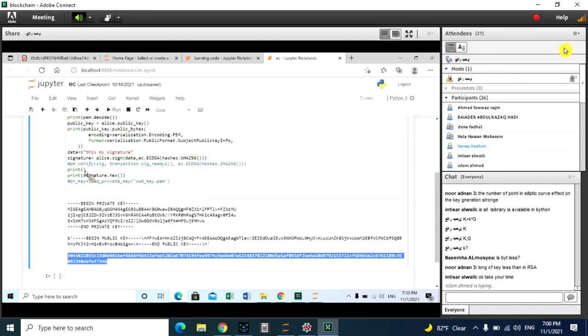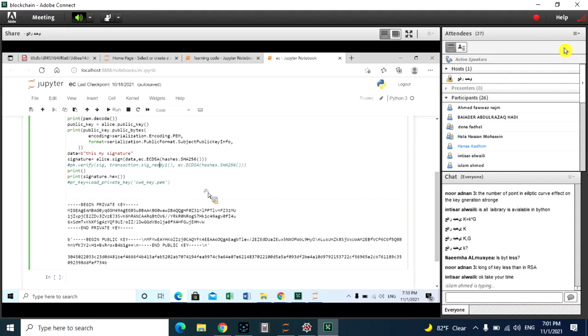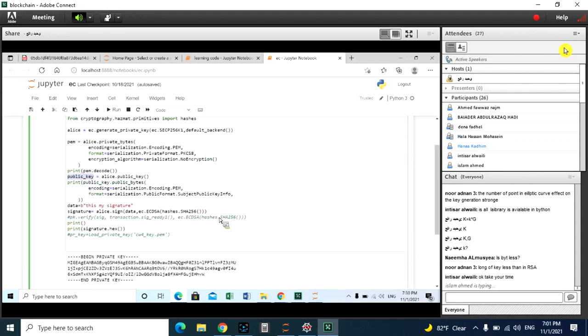Now to verify this digital signature, I should use the signature and the data. I can check.